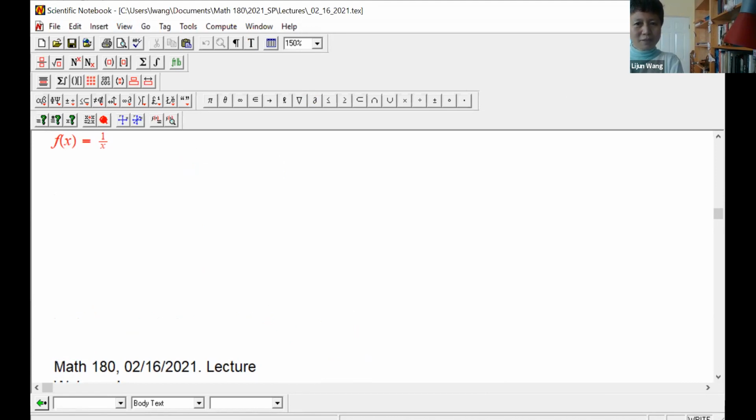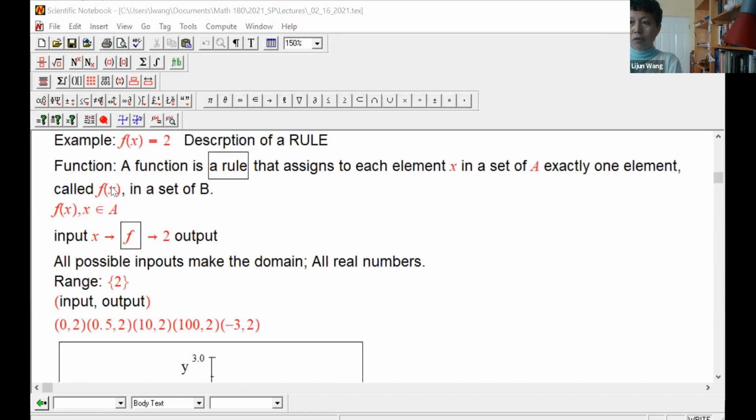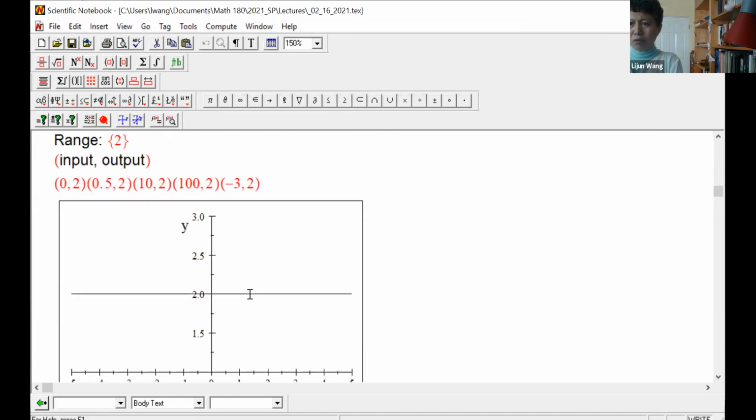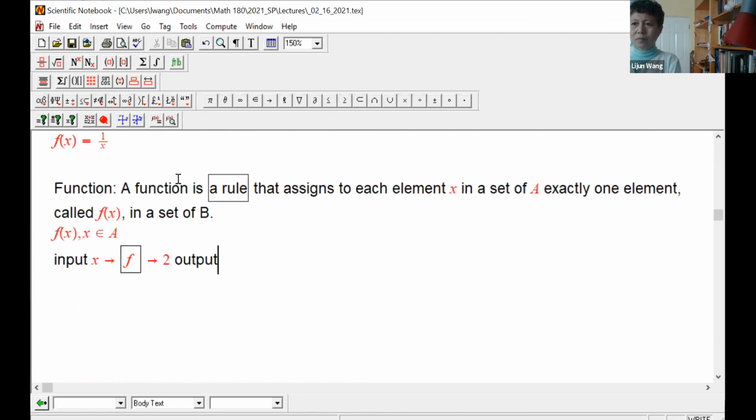If we go by the function criteria, what kind of rule is this? The output is what? f of x is equal to 1 over x. So the input is given to the function and the rule produces what? The reciprocal of the input.